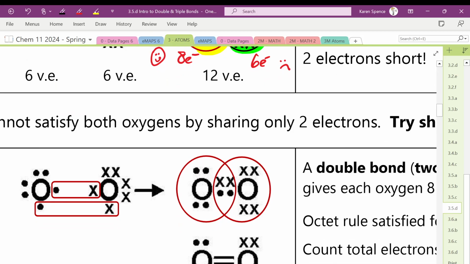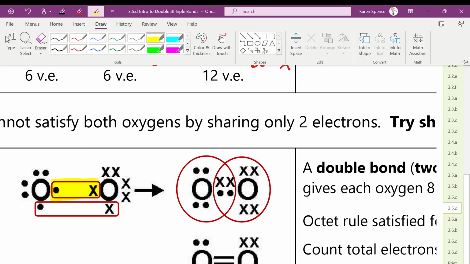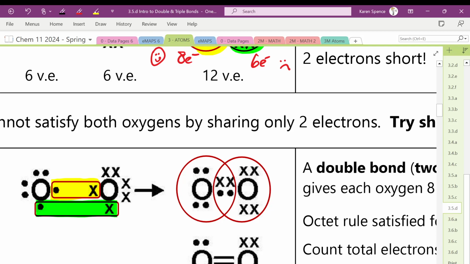But what if instead of sharing only one pair of electrons, we shared 2 pairs of electrons? So what if we shared this pair here and we shared these 2 electrons here? Yes? Look at that. Now let's count up all the electrons on the left-hand oxygen. 1, 2, 3, 4, 5, 6.